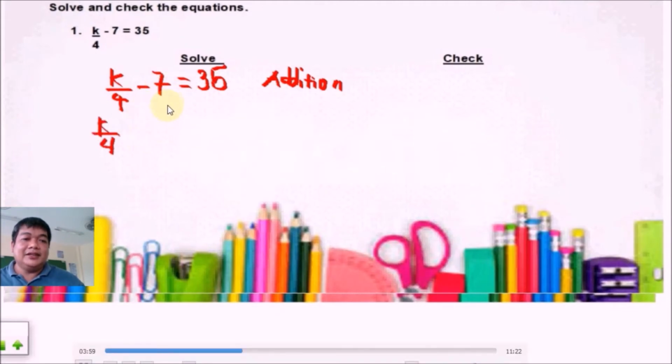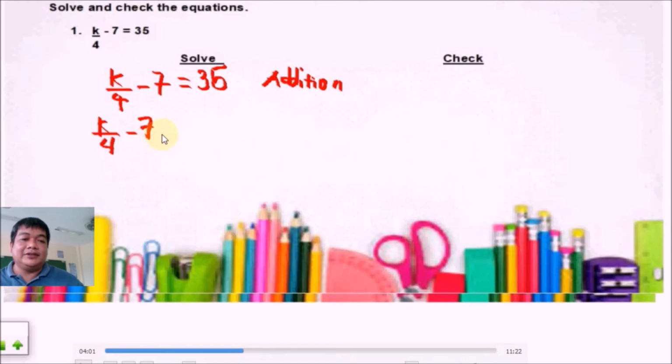Okay, so in this case, what number are we going to add to negative 7 so that 7 will be eliminated from this side? What number will make the 7 become 0 here?